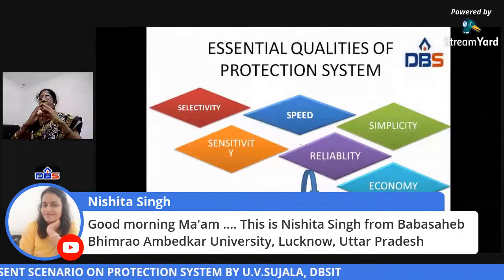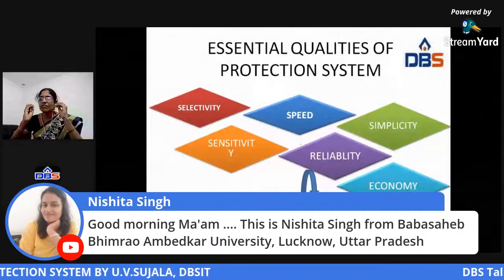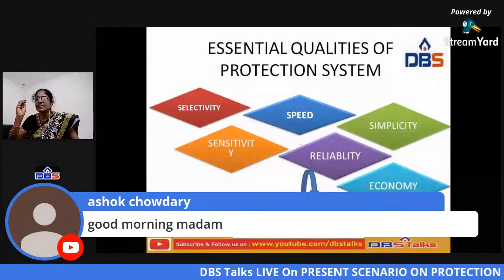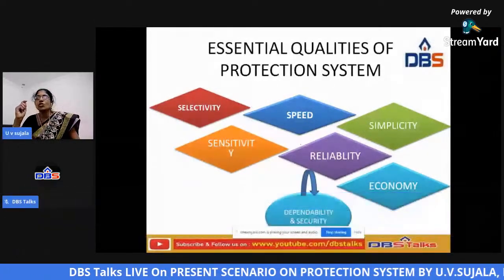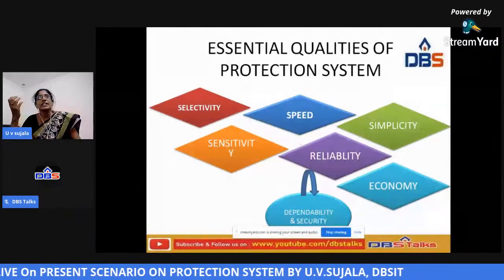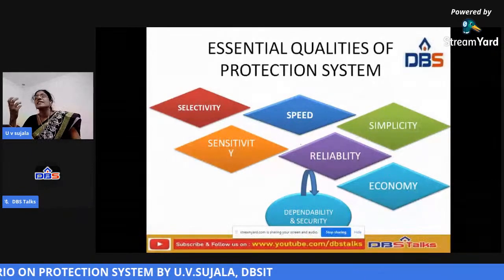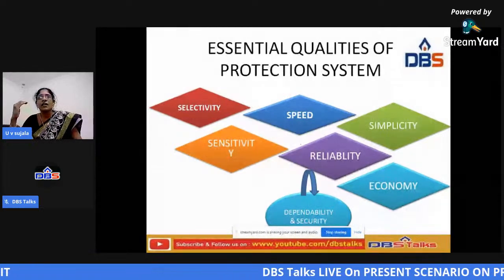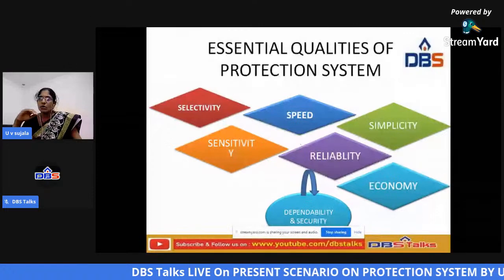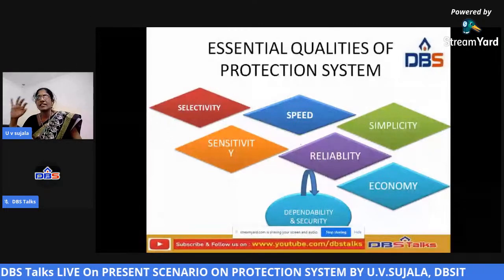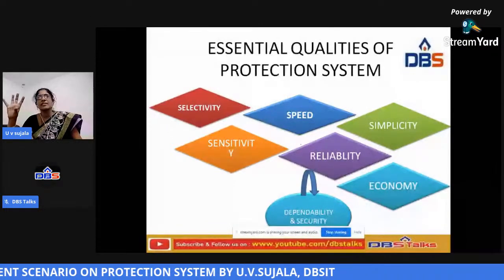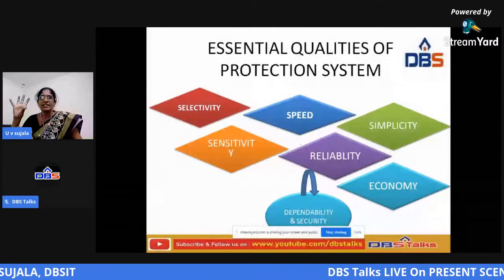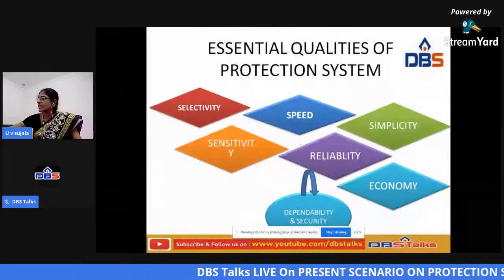That means to perform as designed, the design of any system protection device must include reliability, selectivity, speed, simplicity, and economy. Reliability depends upon dependability and security. So every power system must have these essential qualities.